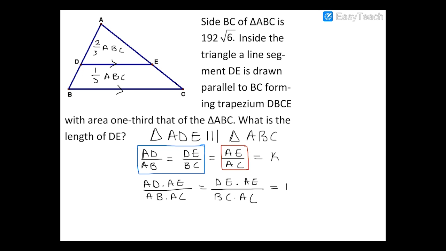And this is equal to K squared, because basically what we did was just multiply both sides by K. Okay, now let's stop there for a moment. We'll come back to that.